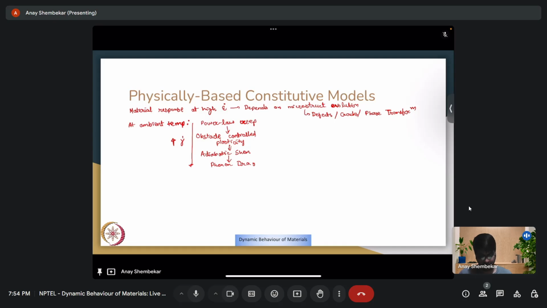So if I look at a single dislocation, suppose it goes like this. The bottom part that I'm just making bold now is the initial location of the dislocation, and the top part is the final position.